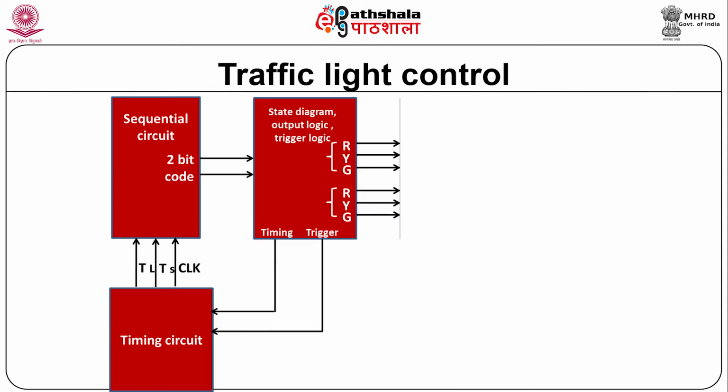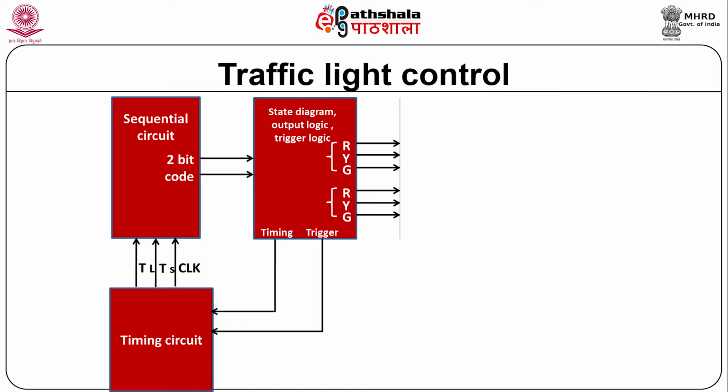The timing and trigger inputs to the timing circuit are obtained from the third block, that is a combinational logic circuit. This logic basically generates the necessary present states, next states, output and trigger logic signals.